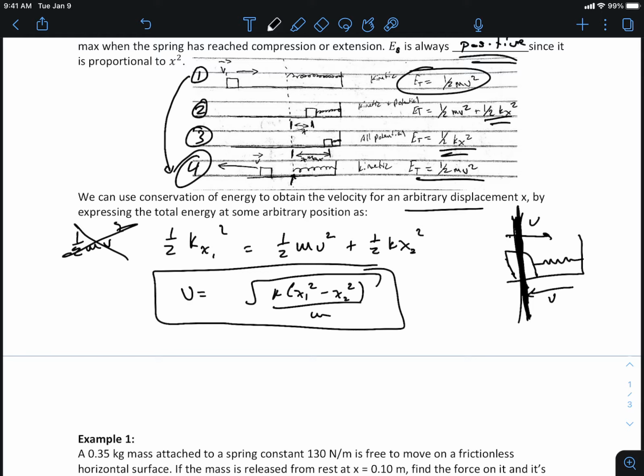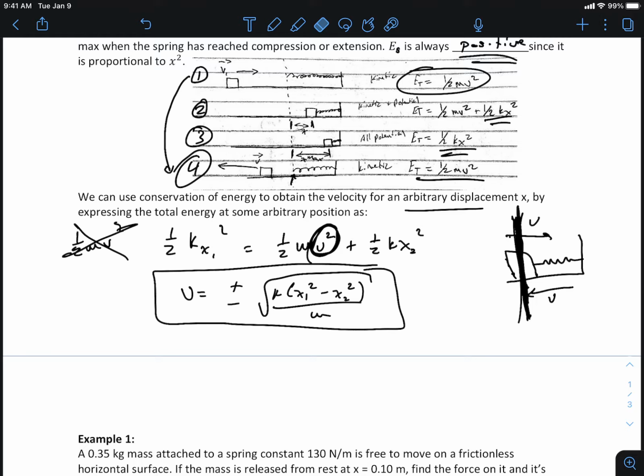You guys would have seen that if we had done all the work to isolate for v squared, v squared was equal to that. And you guys know from grade 10 math, when I square root one side and square root the other, you have to include the positive and negative. That takes care of both directions of the velocity, right?